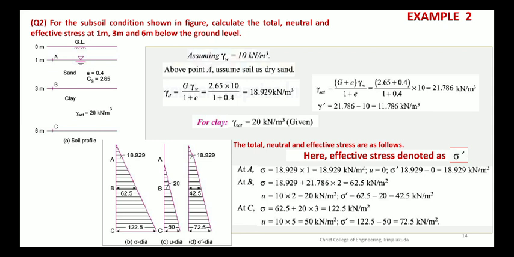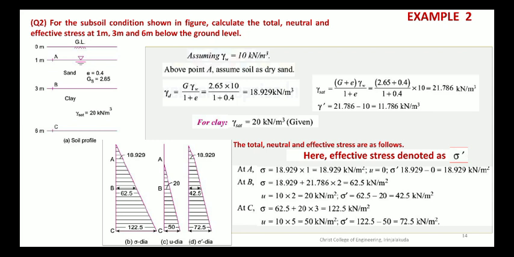What is the difference? Again, at B we had got sigma total stress as 62.5, isn't it? So you have to add what? An additional layer is there, between the B and C portion. What is the value?